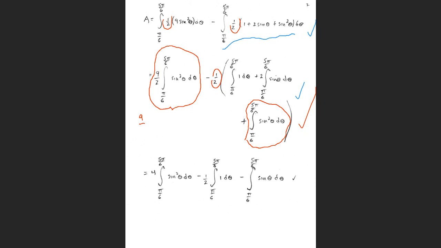So if you have 9/2 times an integral minus 1/2 times an integral, that gets you 8/2 times the integral, which is 4 times the integral. So I'm just talking about that one integral there.